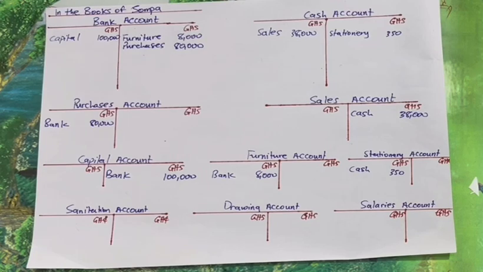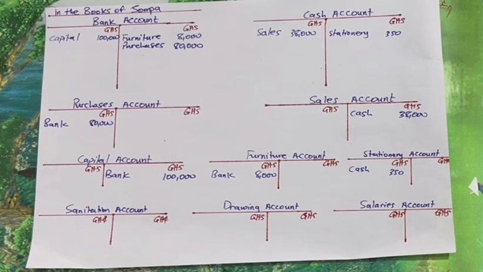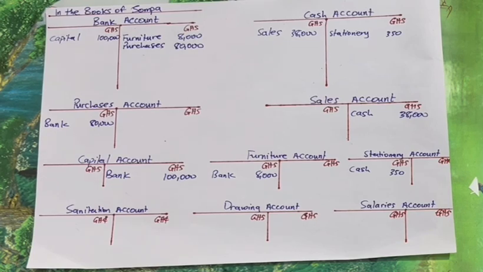We have the next one to be sold goods for check, 18,400. They sold goods for check, 18,400. So sales and then bank.